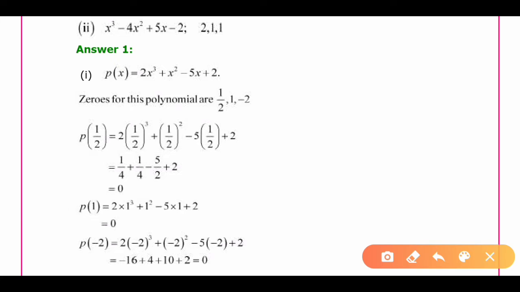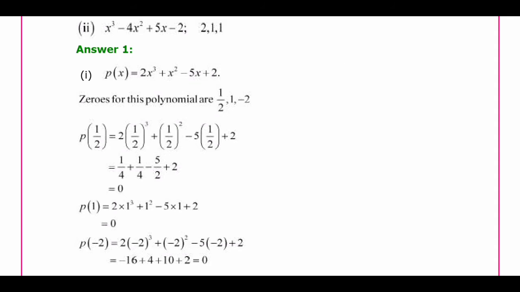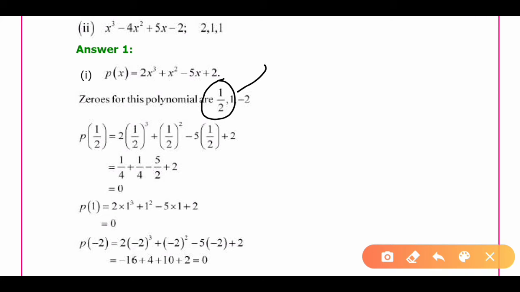If we put these zeros in this equation, we will get p(x) equals to 0. That means these are the solutions of this equation. So first of all, we are putting the value of the first zero, 1 by 2, in this equation.